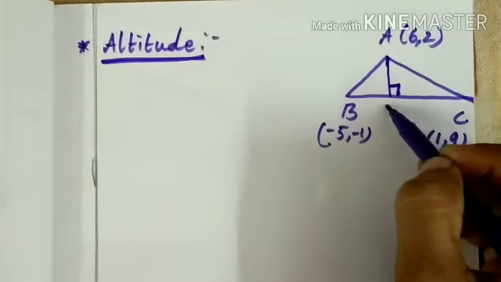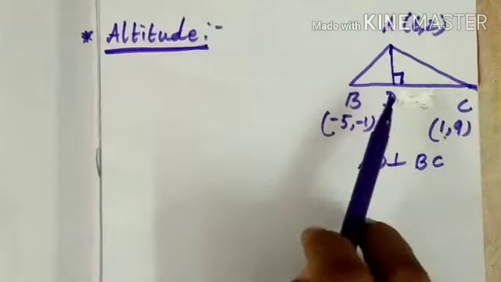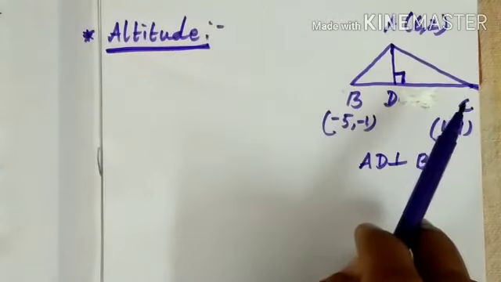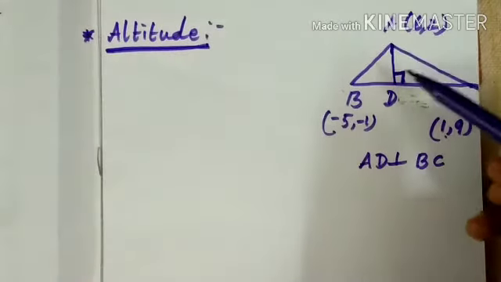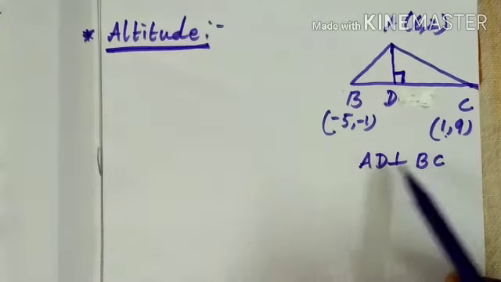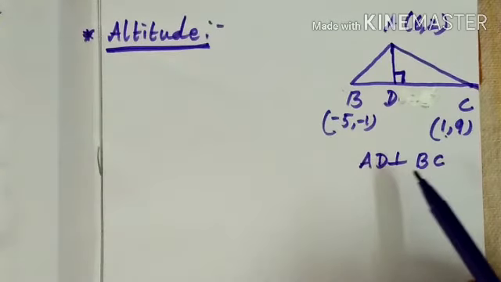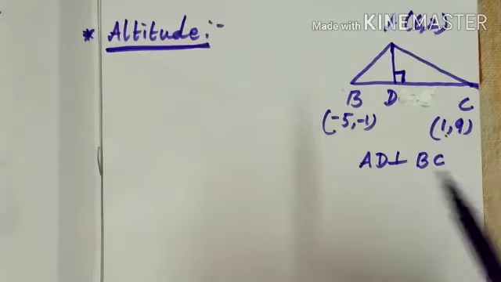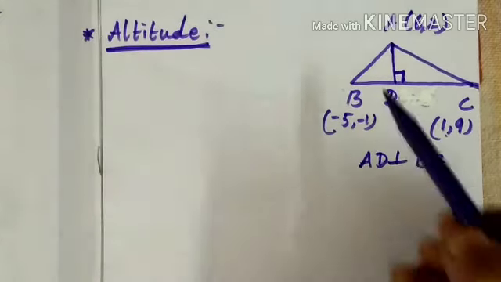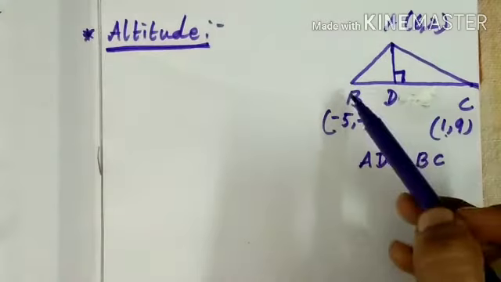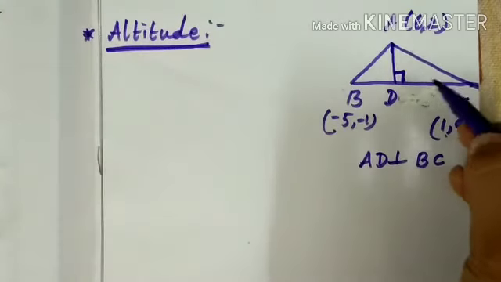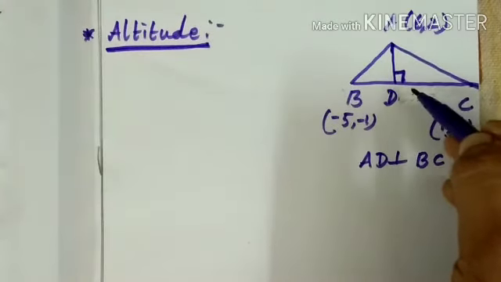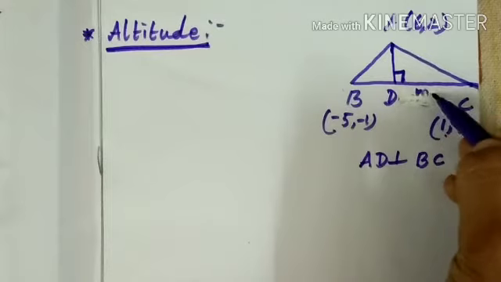Let us assume this point D. Here, D is not a midpoint of the line BC, but AD is perpendicular to BC. So, you have to apply the perpendicular condition. That is, first you have to find the slope of BC, that is M1.